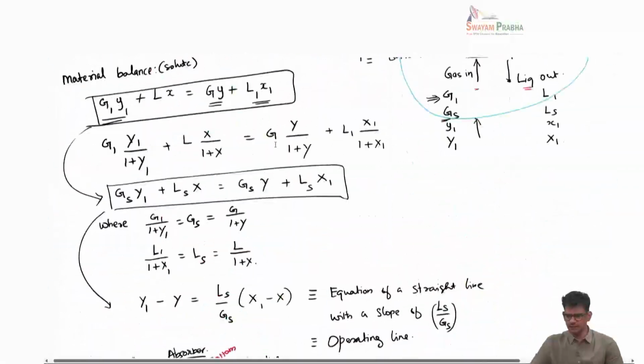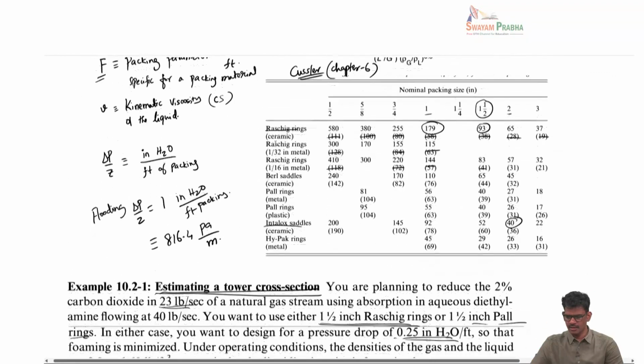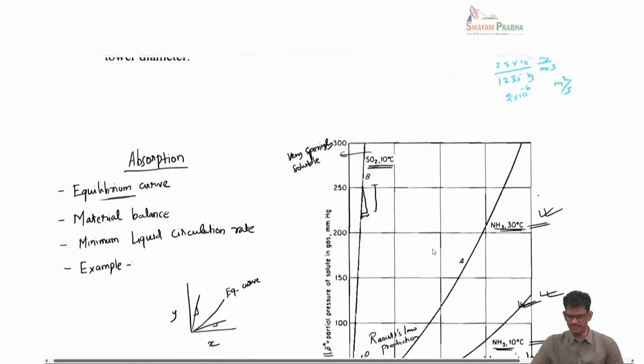So if you go to this data I showed in one of the previous classes, you take this particular packing data. Packing is given in terms of inch. So 25 mm is close to 1 inch. So I can take 1 inch data, and then I look at the Intalox saddles ceramic. So I should be getting something like 92. Okay, 92 is the packing parameter.